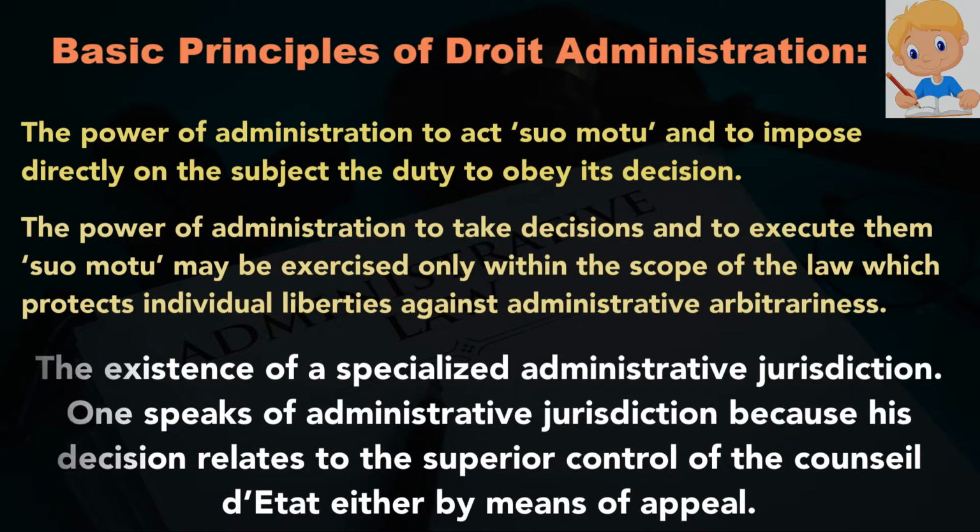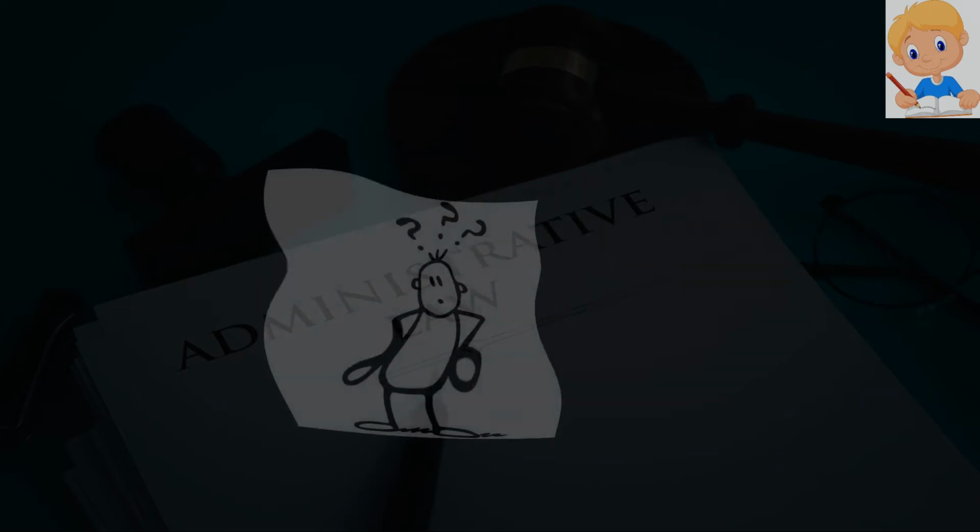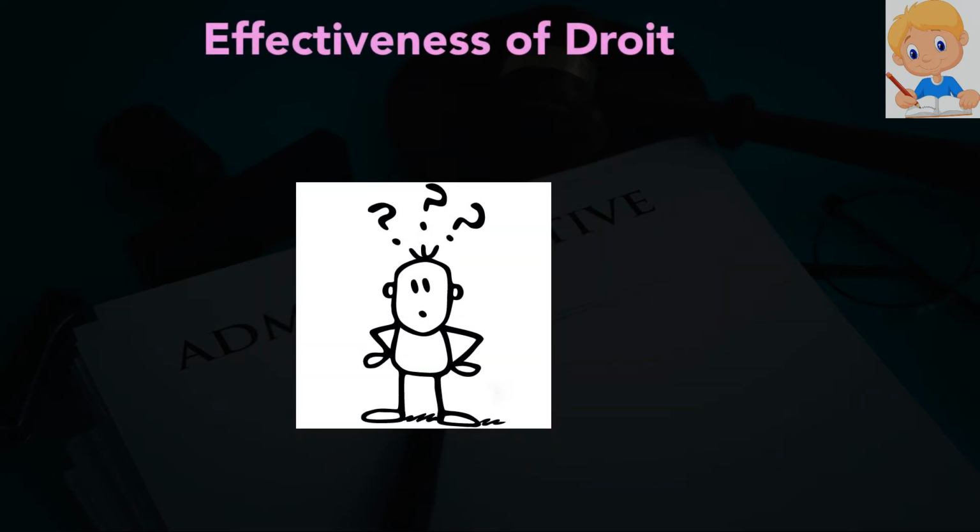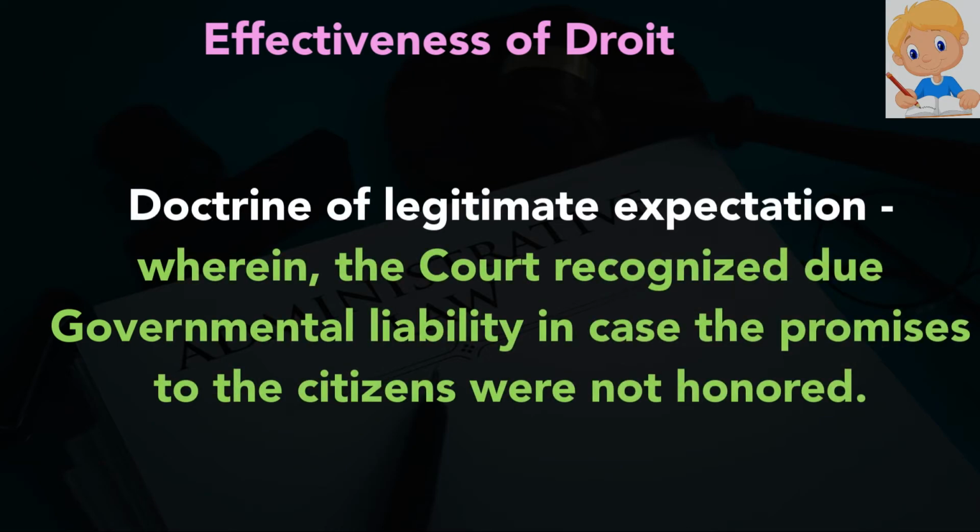Now the next subtopic we have is the effectiveness of Droit. Well, following are some of the significant points that prove the effectiveness of Droit. The first point is the doctrine of legitimate expectation, wherein the court recognized due governmental liability in case the promises to the citizens were not honored.